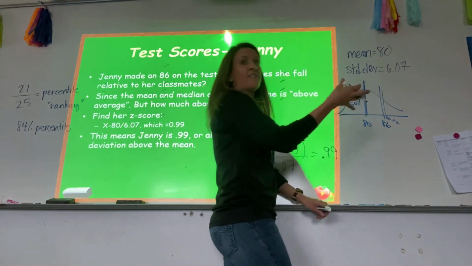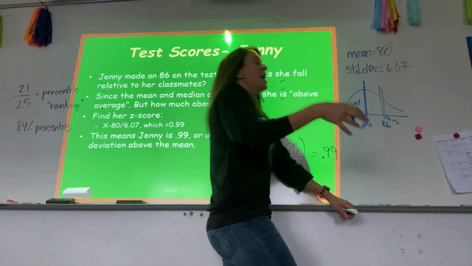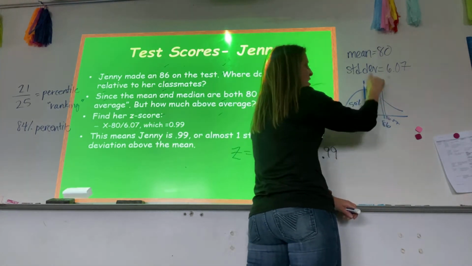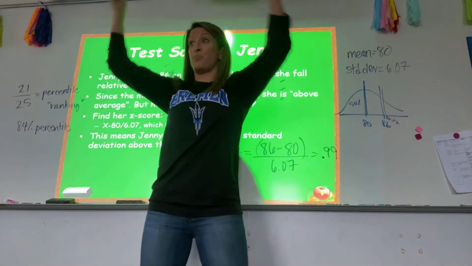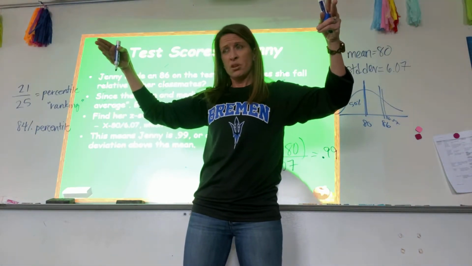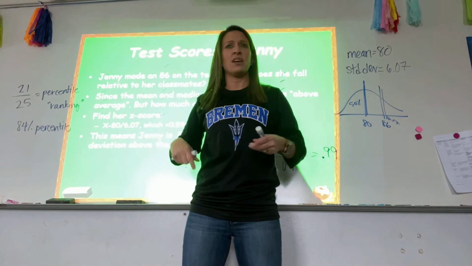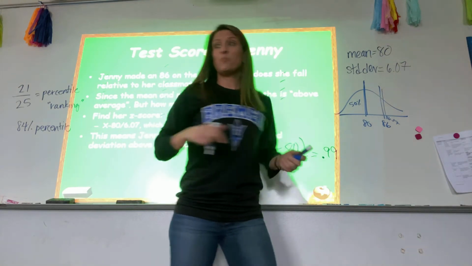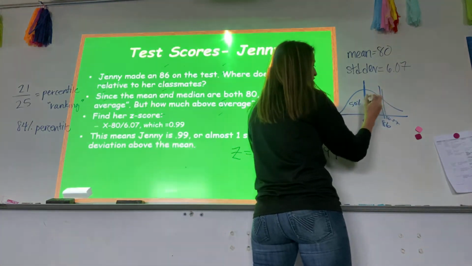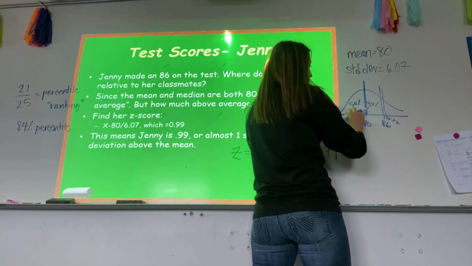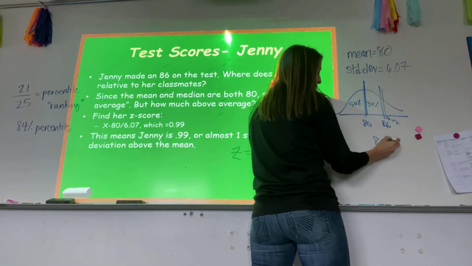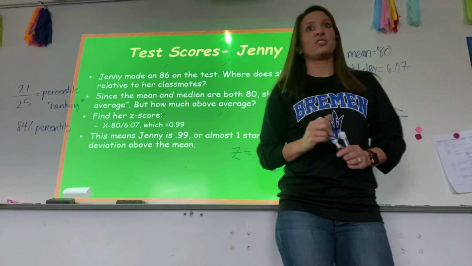So I know that I have 50% right there, right? And I know that if one standard deviation out is 68% in both directions, cut that in half. What's half of 68? 34%. So, on this end. So if this is 34%, 50 plus 34 puts her about at the 84th percent-ish.